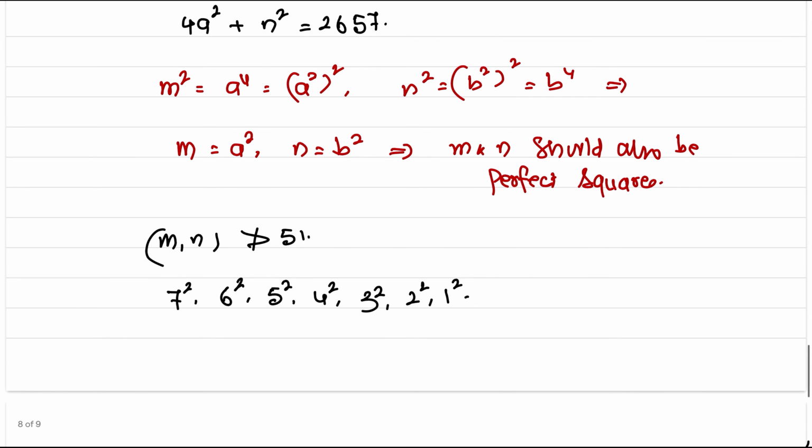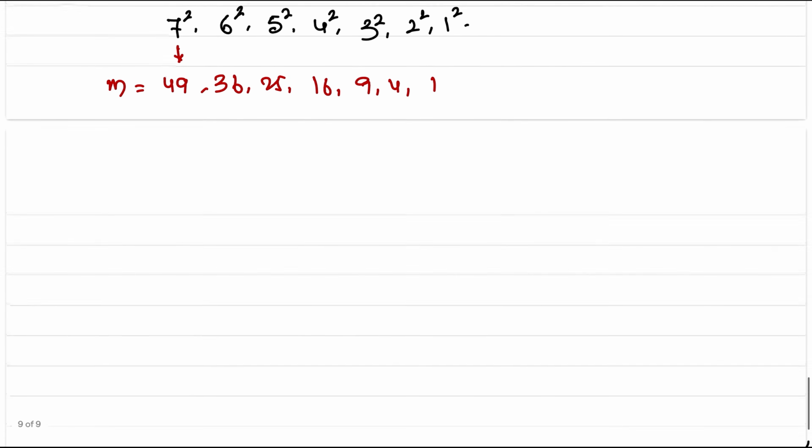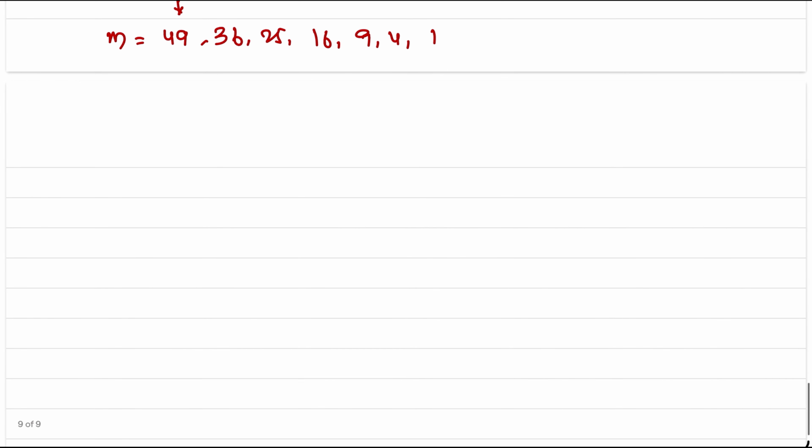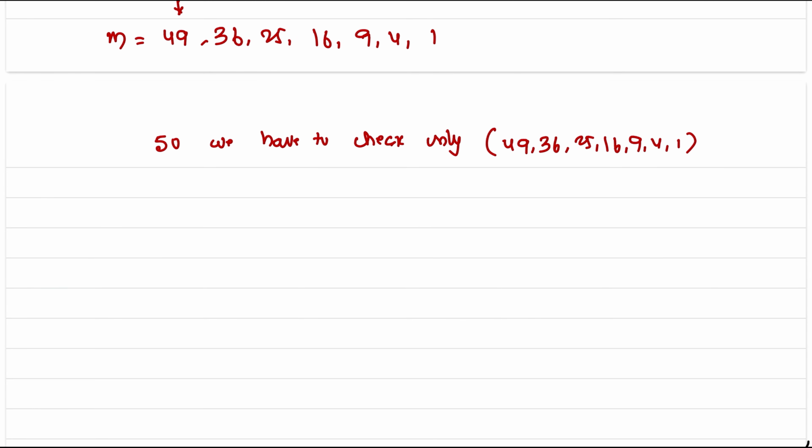Now, m can be 7 square. That is m is equal to 49, 36, 25, 16, 9, 4, 1. That means for m and n values we have to check only perfect squares out of 50, that is 49, 36, 25, 16, 9, 4, 1.